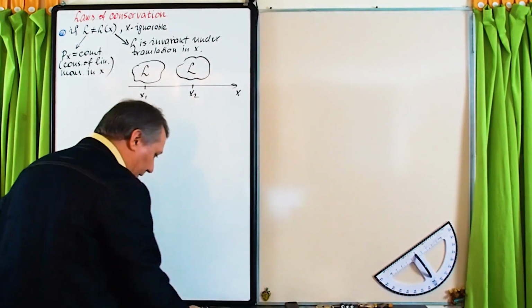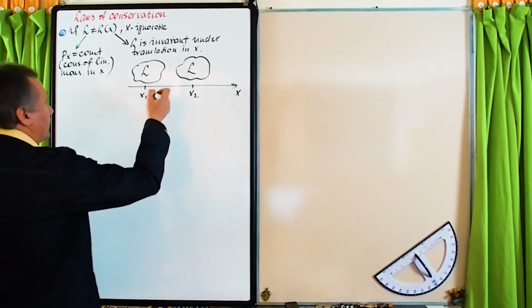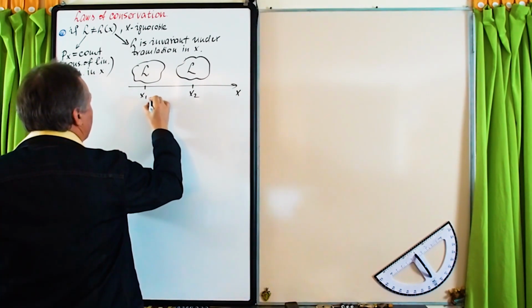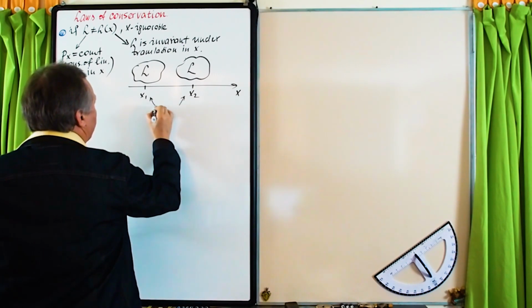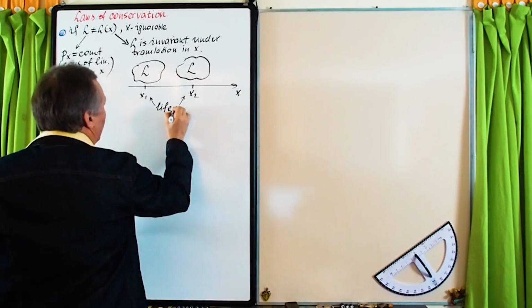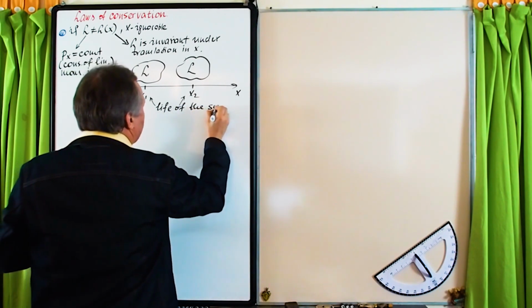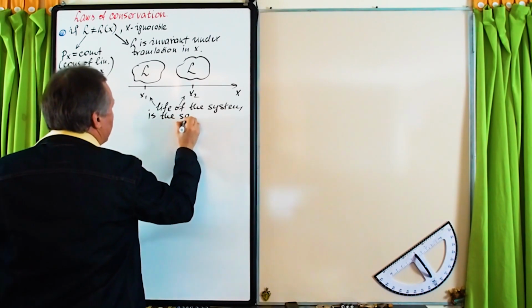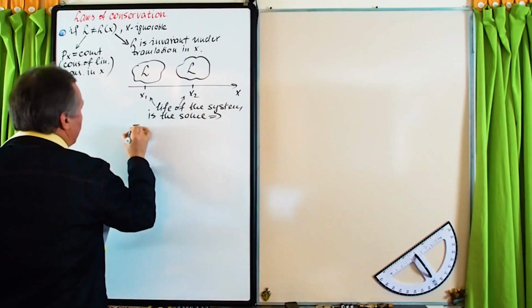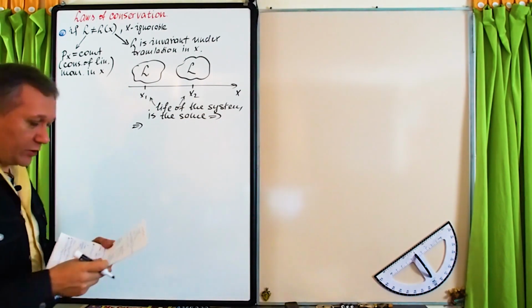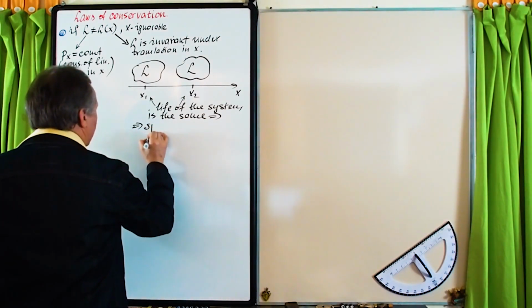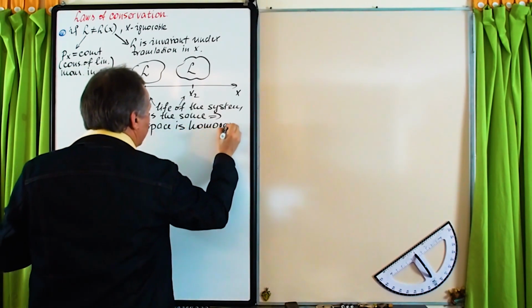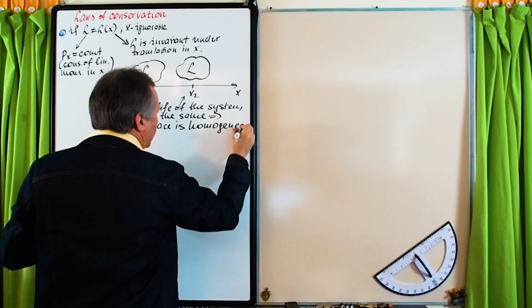So now let me write it. The life of the system is the same, so we can say that space is homogeneous in the x direction.